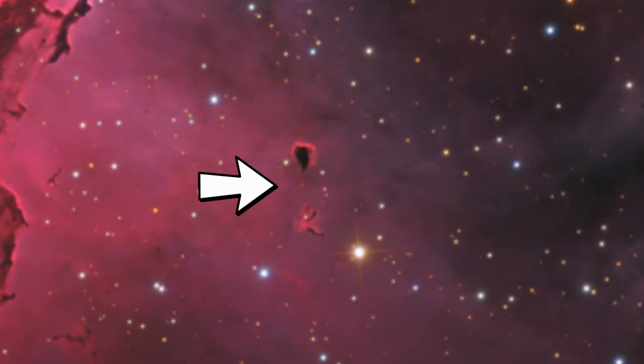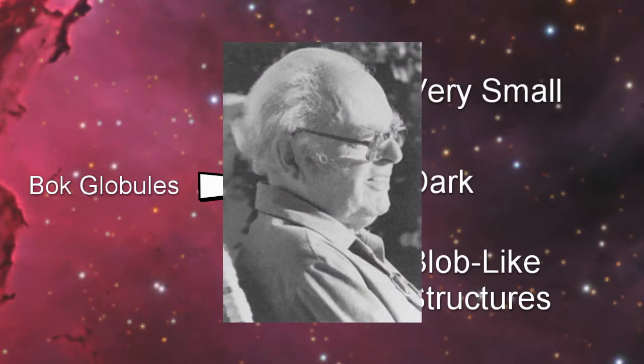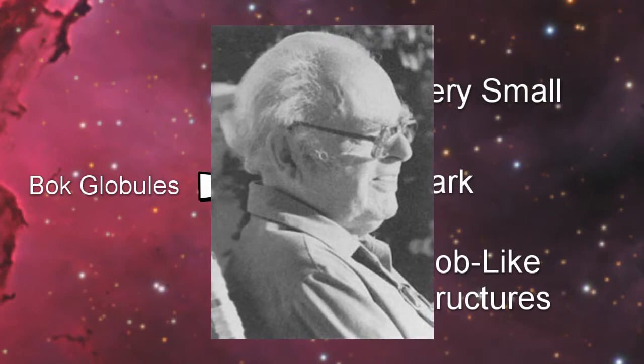These appear as very small, dark, blob-like structures of opaque clouds. These are areas where star formation has actually taken place already, and they are known as Bok Globules. They are named after Bart Bok, who discovered them in the 1940s.